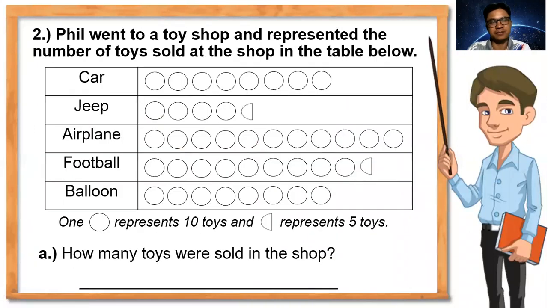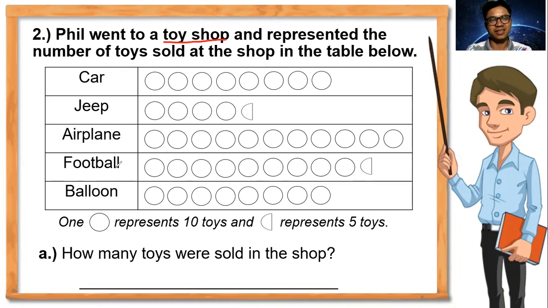Number 2, pictograph. Phil went to a toy shop and represented the number of toys sold at the shop in the table below. We have the toy car, jeep, airplane, football, balloon.